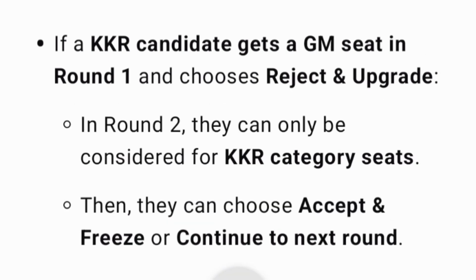If you do reject and upgrade, now this is the next thing. If a candidate gets a GM seat in round 1, but he rejects and upgrades, then he will be considered in round 2 for KKR category seats only. And after round 2 also, he can accept and freeze, or he can continue to the next round.